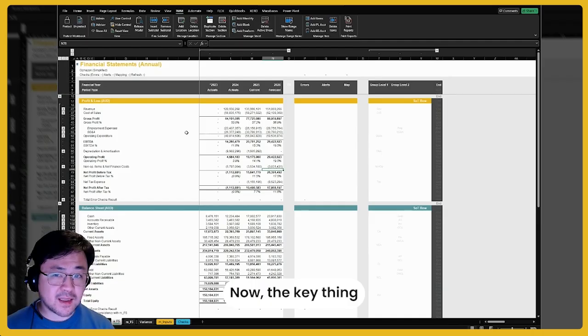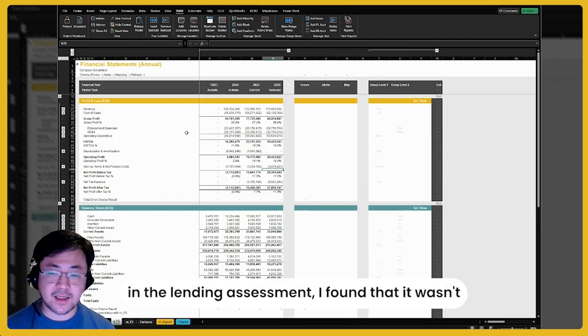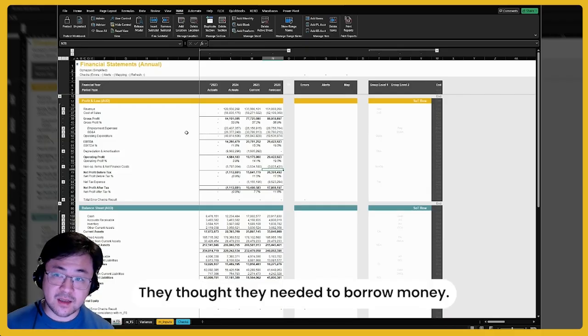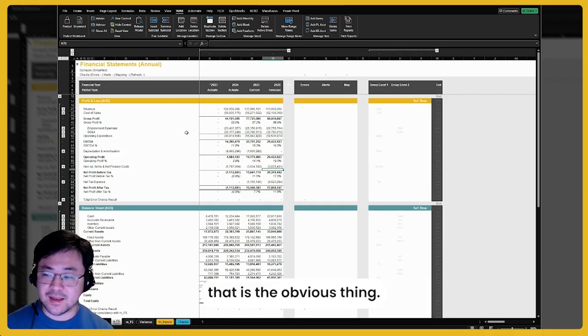Now, the key thing from all of that is, often in the lending assessment, I found that it wasn't even a case that a business needed to borrow money. They thought they needed to borrow money, and obviously if you're coming to the bank, that's the obvious thinking.